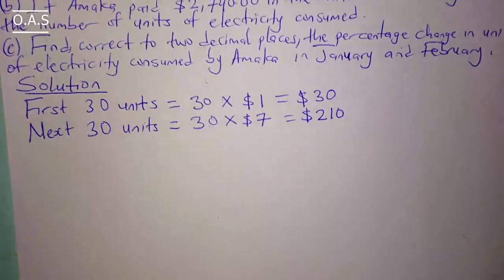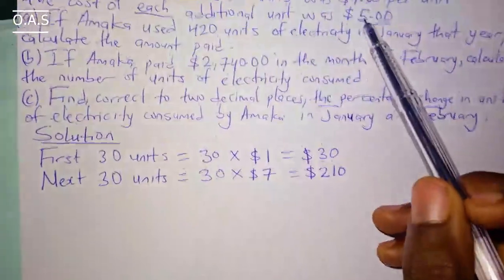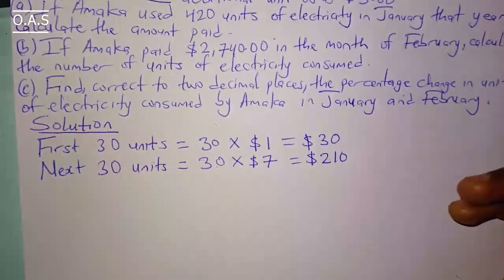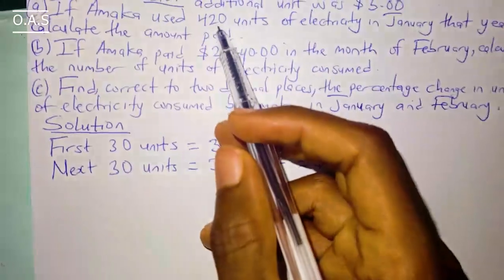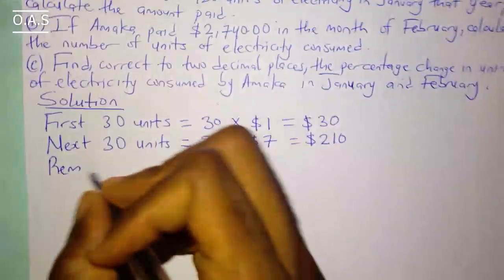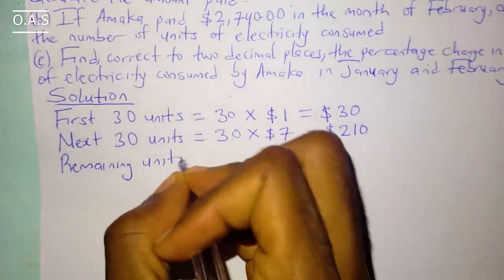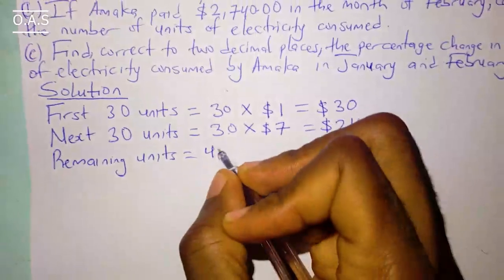So how many units are left? The number of units left, each unit will be calculated at $5 per unit, regardless of the number of units left. Now we've only accounted for 60 units out of the 420 units she used. So the remaining units will be: she used 420 units for the month, 420.